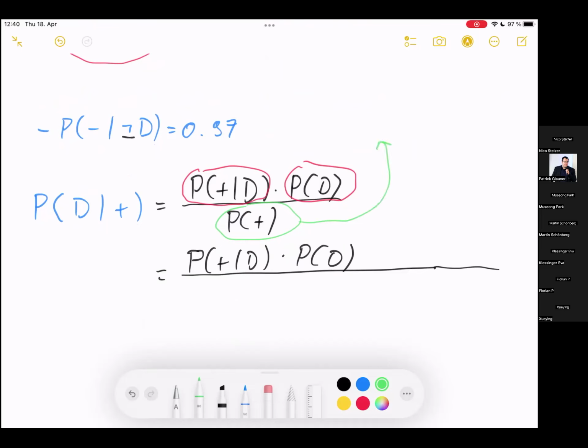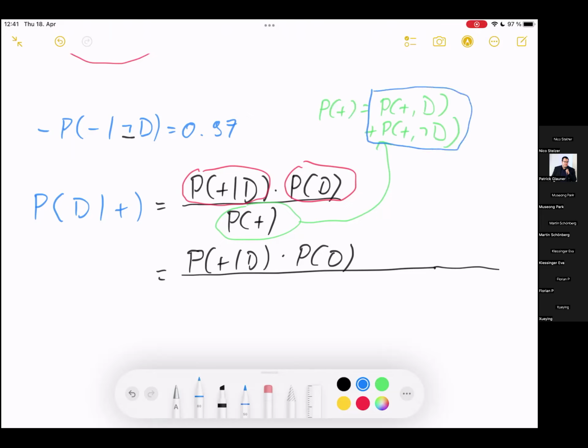We can recompute this by saying P of plus is actually P of plus and the disease, so the joint probability, plus P of plus and not having the disease. So these are two joint probabilities that we add together.